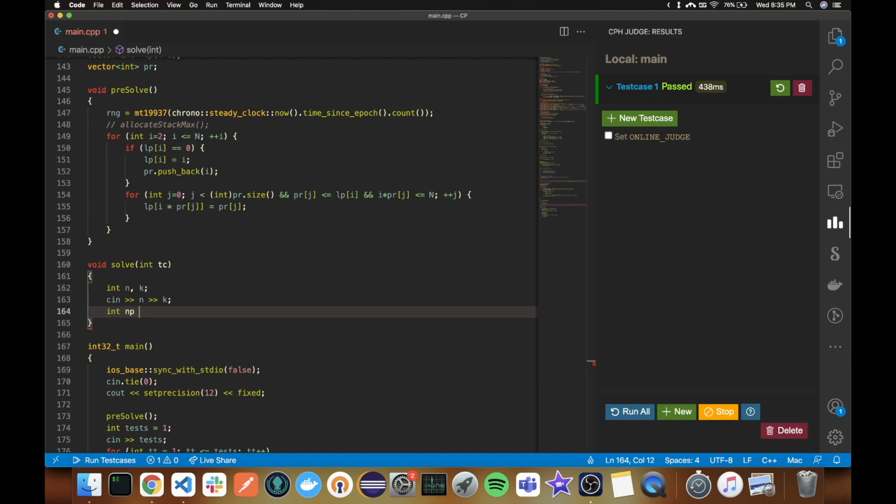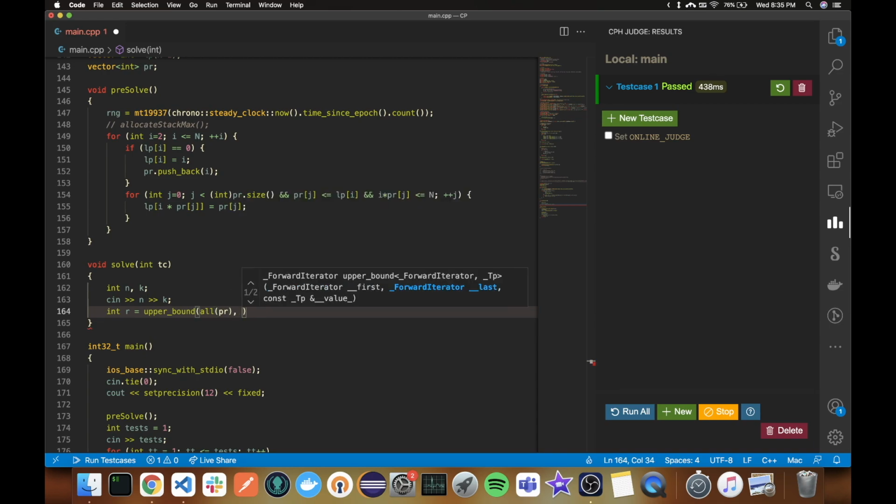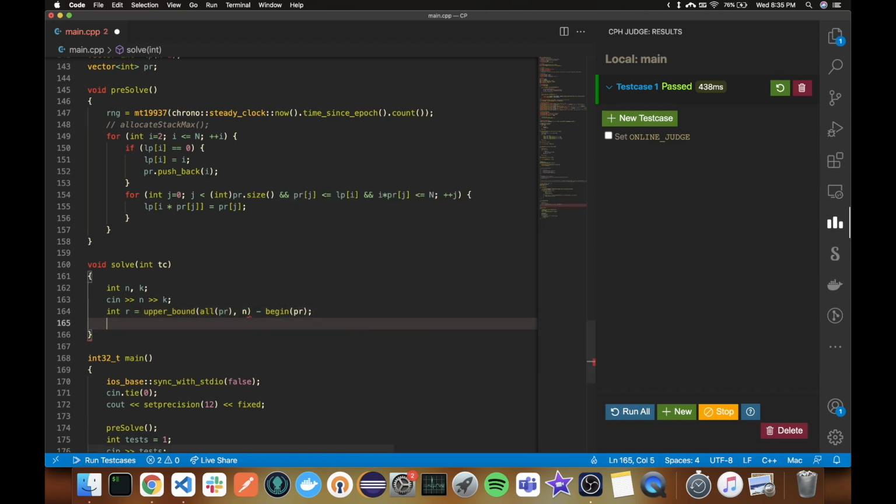So np is equal to, okay, let's do it simpler. I'm going to count how many prime numbers are greater than n that exist. So upper bound on primes, and upper bound from n. So I get the number of primes bigger than n that I have, and then the number of primes that are bigger than n by 2.